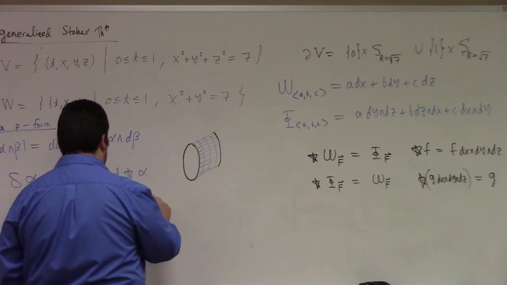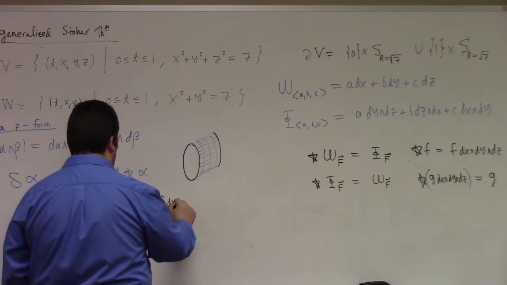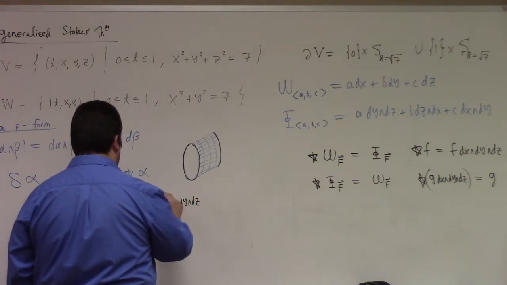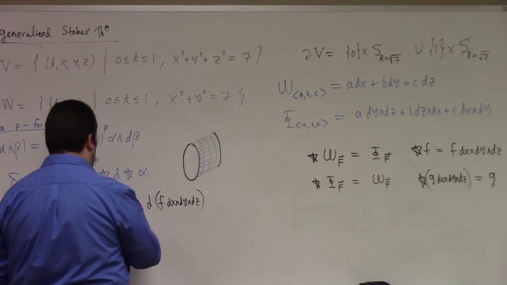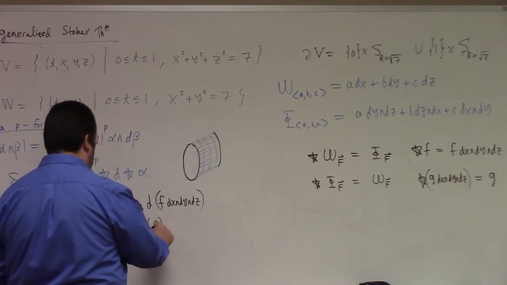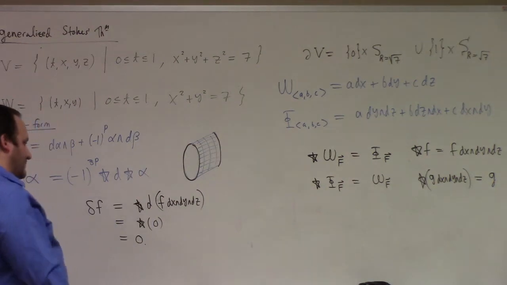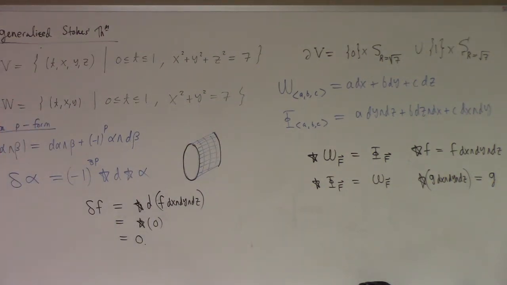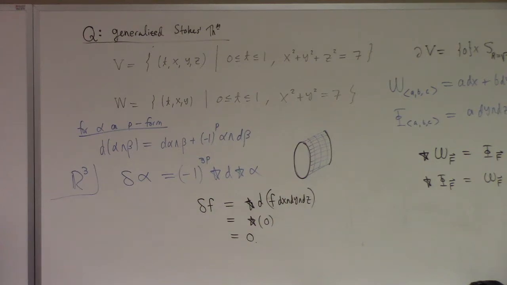Yep. It's not especially exciting, because the coderivative takes your form degree and lowers it by 1. So if you start out with a 0 form, you've got nowhere to go but 0. There are no -1 forms in R3.